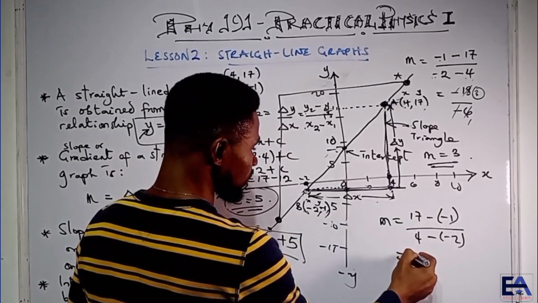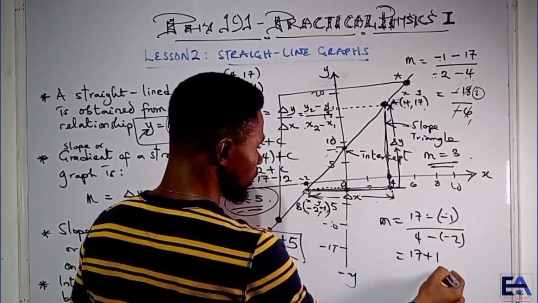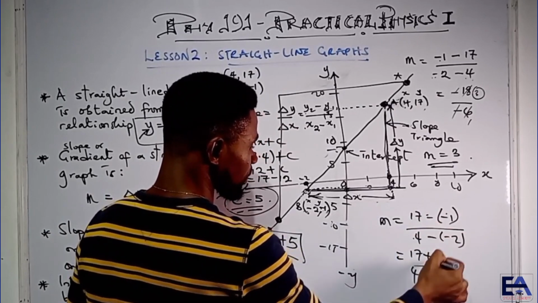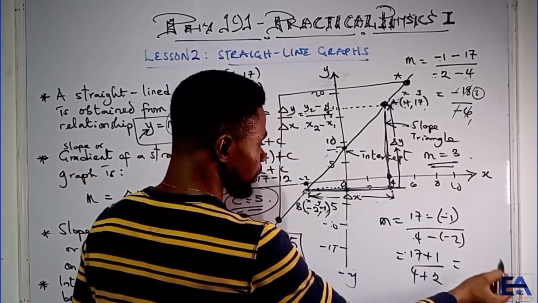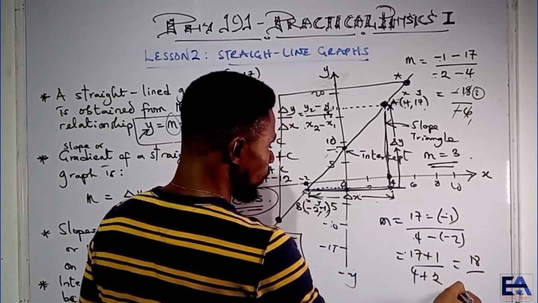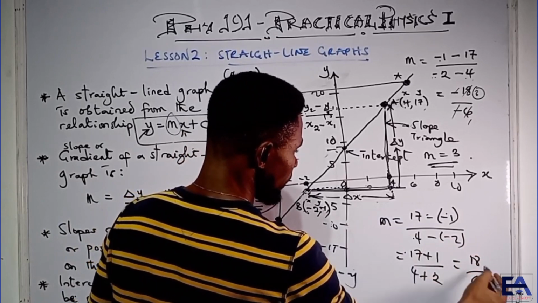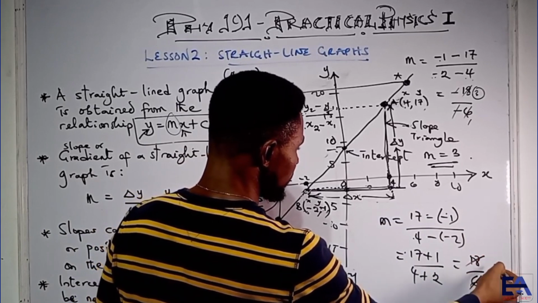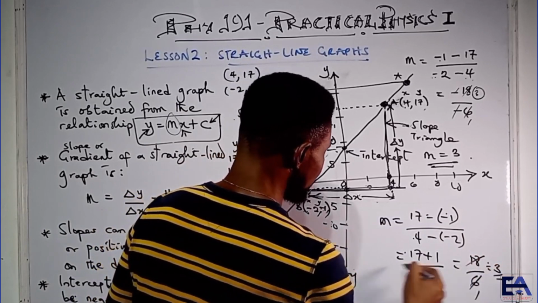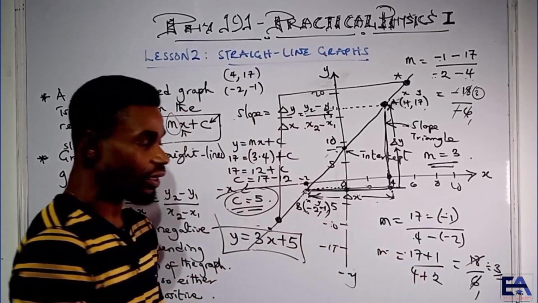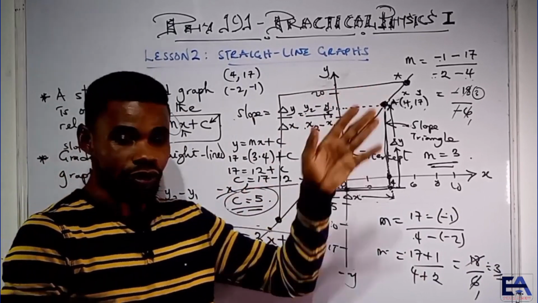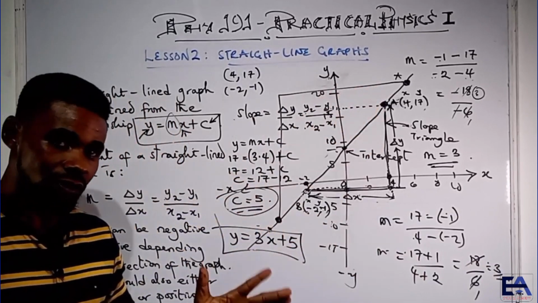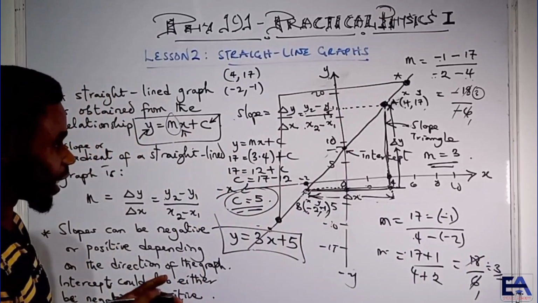So we have 17, minus times minus is plus, then 4, minus times minus again plus, then 2. At the end of the day, we have 17 plus 1, which is 18, divided by 4 plus 2, that's 6. 6 in 18 is 3. And so the answer for m still remains 3, despite the fact that we chose our 2's and our 1's from different places.